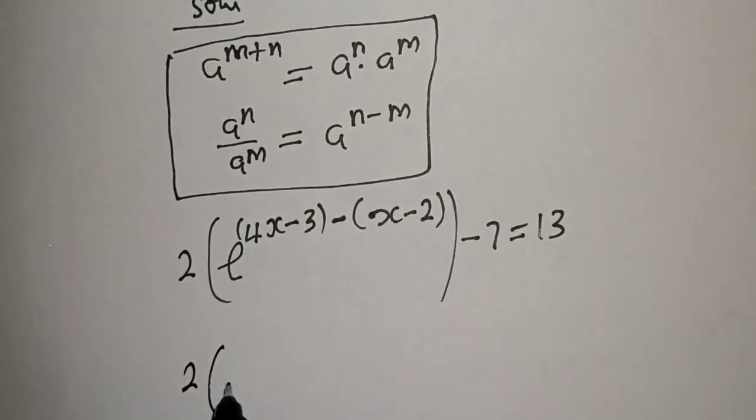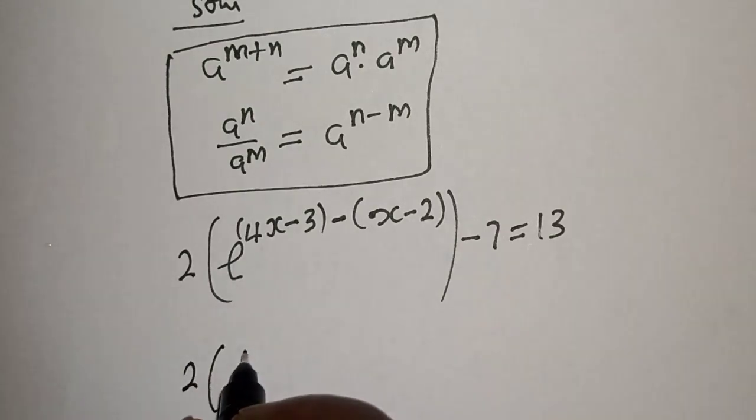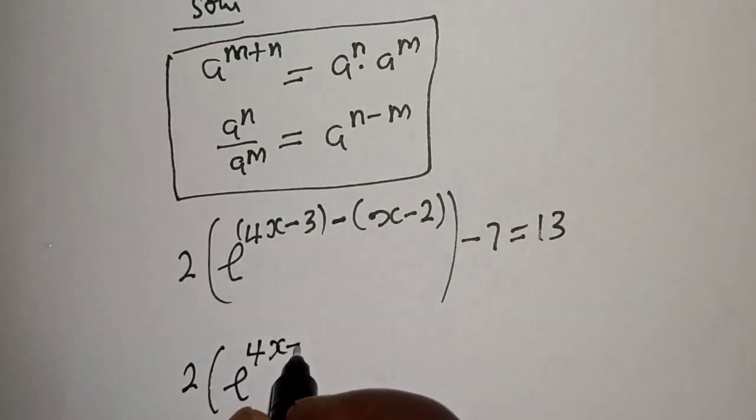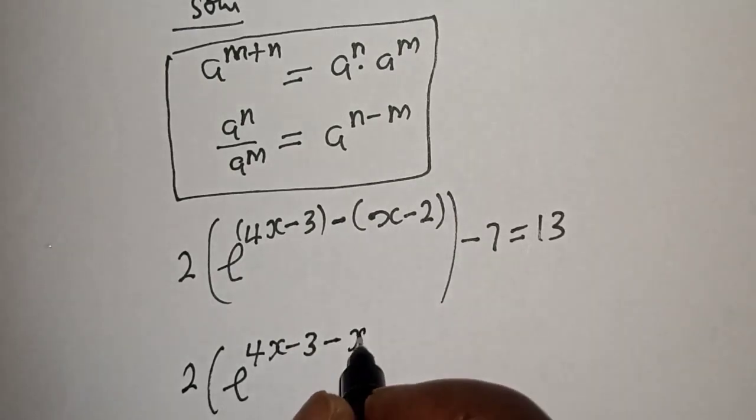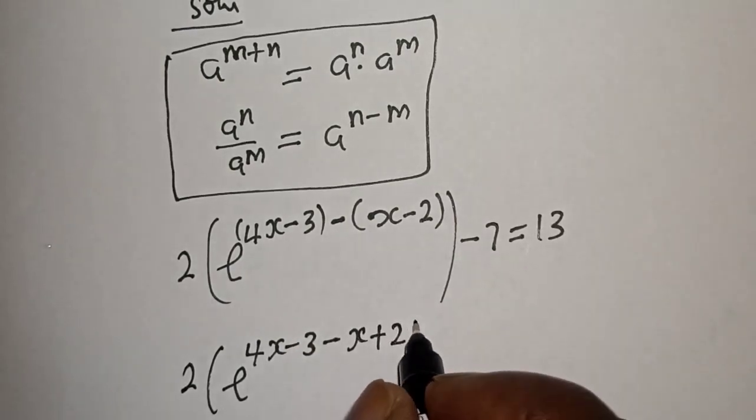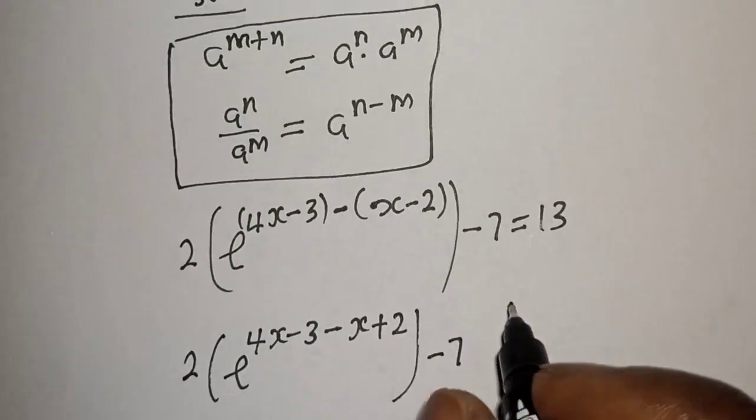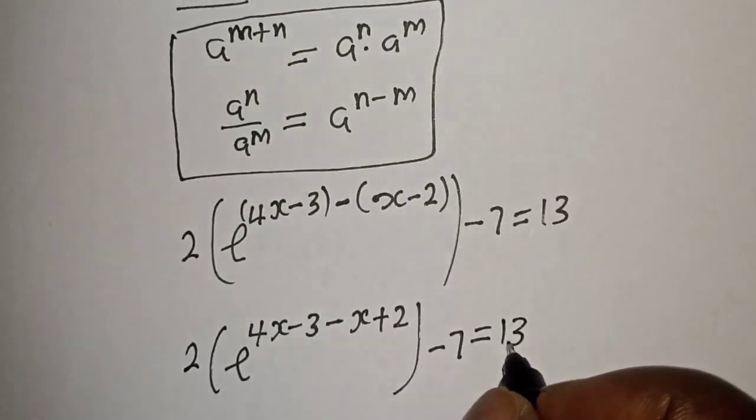2 bracket e raised to power 4x minus 3 minus x plus 2 minus 7 is equal to 13.